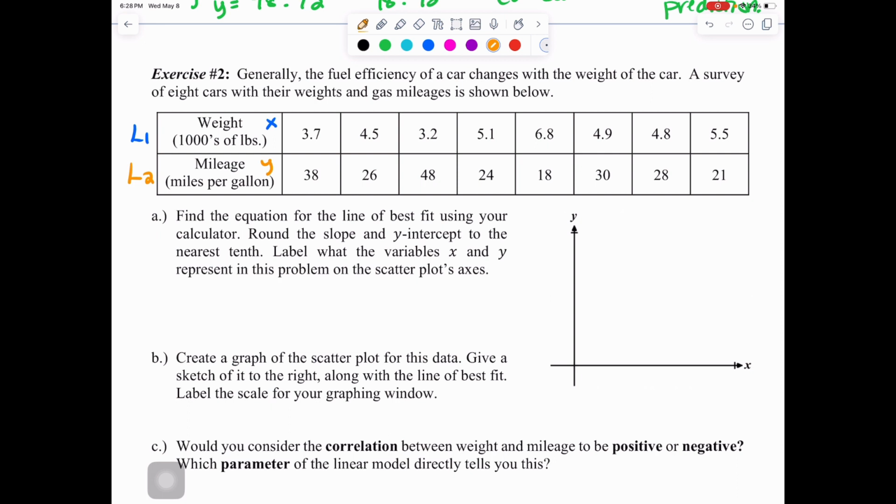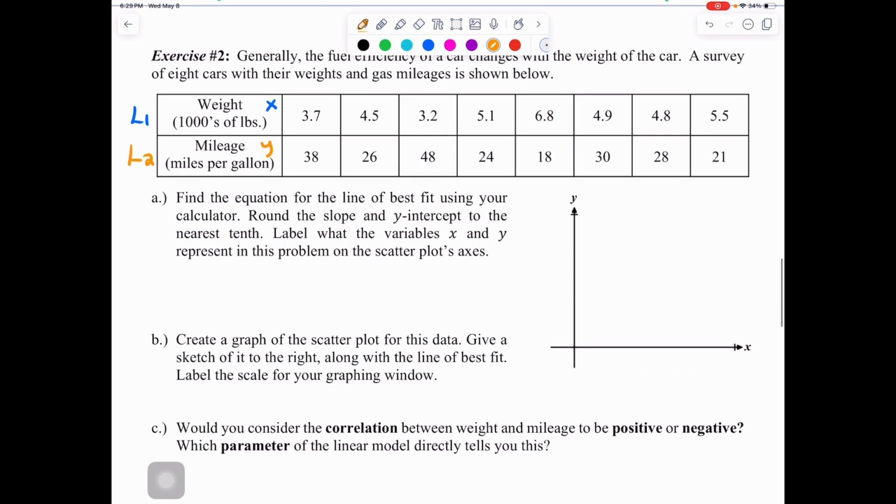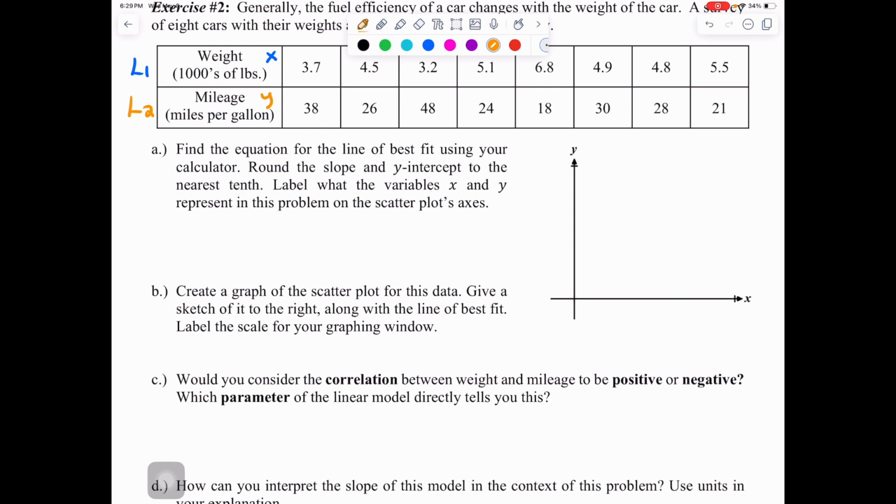And then you'll do the best you can to plot those points and then use the graphing calculator once you have the equation to put it on your scatter plot so you can see where it falls. Then I want to know if the correlation would be positive or negative and which parameter actually tells you this.